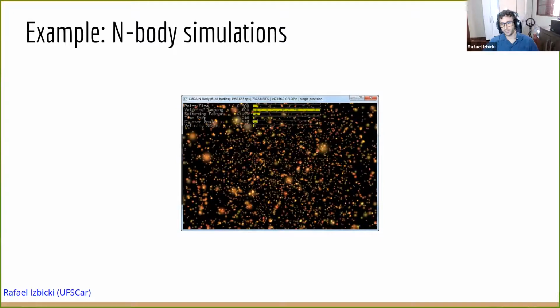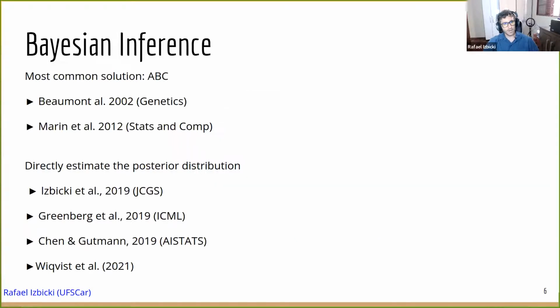There are parametric models for how the universe evolves, and these are stochastic processes, and you can write code that generates universes using different parameter values. The question is, how can you make inference once you see the data in the real universe, just using these forward simulators?